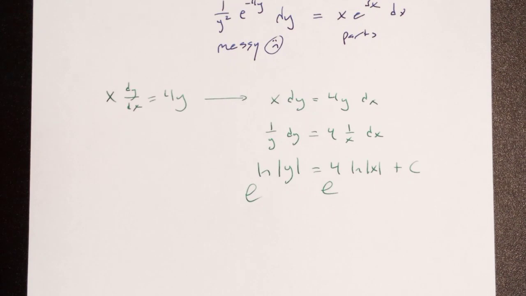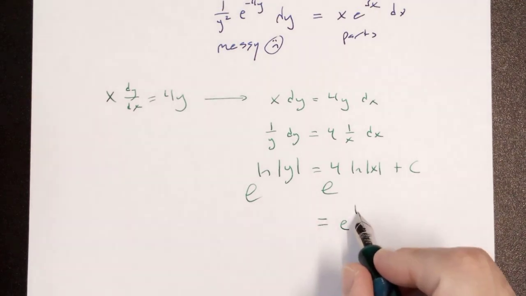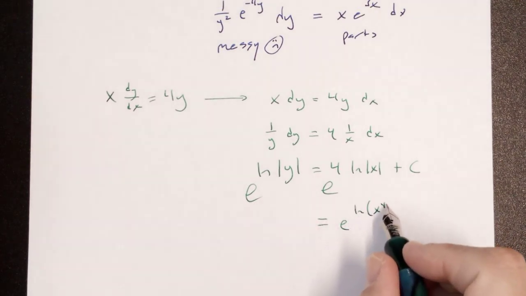Look up properties of logarithms. Mia? Numbers out front come from powers inside. So I can turn this into e to the ln of x to the fourth.